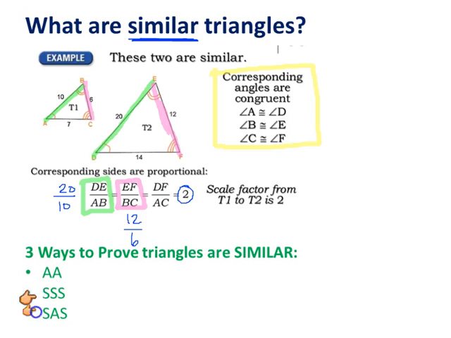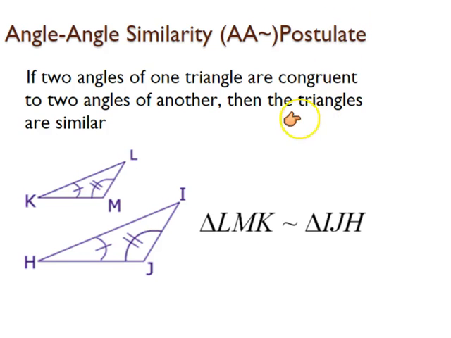These look very familiar to what we did in Unit 2 when we were proving two triangles are congruent. I know they're the same three letters, but they actually represent things a little bit differently because we're talking about similar triangles now. So let's go to the next slide and look at these theorems more in depth.